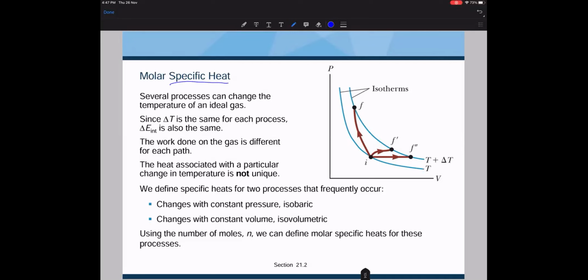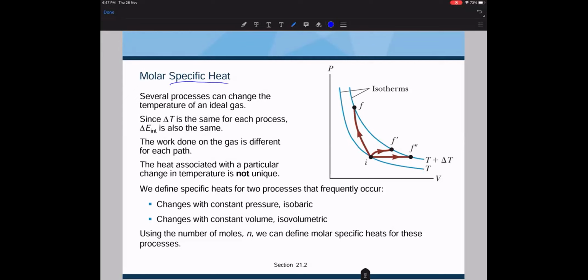And that is something we call the molar specific heat. And there are different processes in which we could heat up the gas. Of course, when you are heating up the gas, you could take different paths.